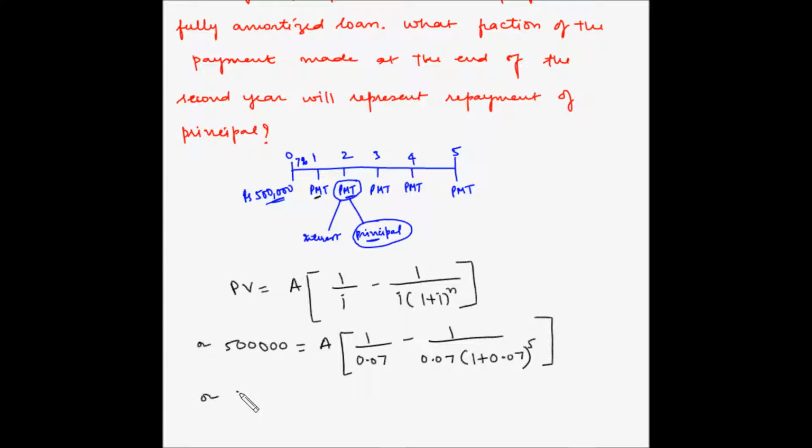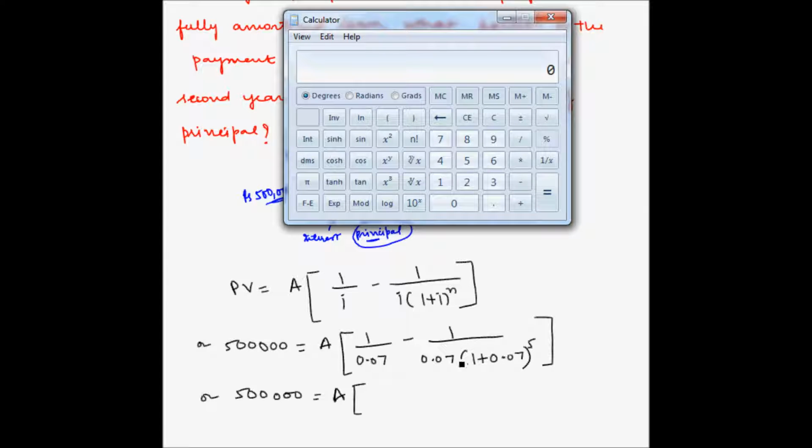Now let's solve this. Let me first solve this portion here. 1 plus 0.07 is 1.07 to the power 5.